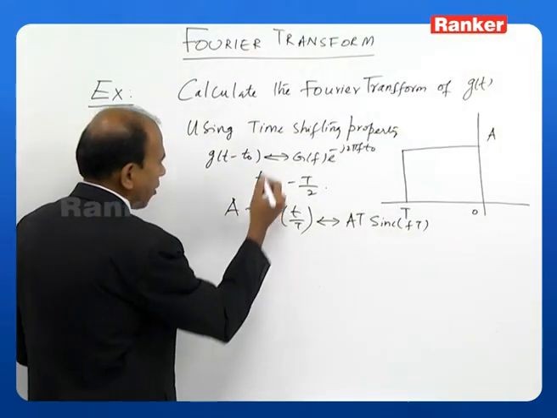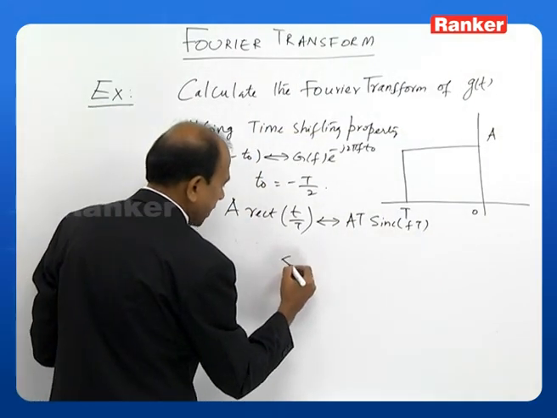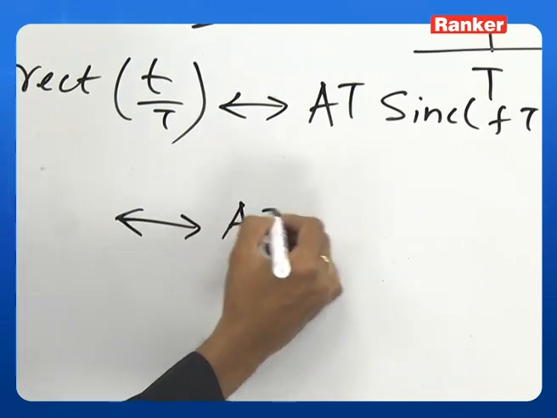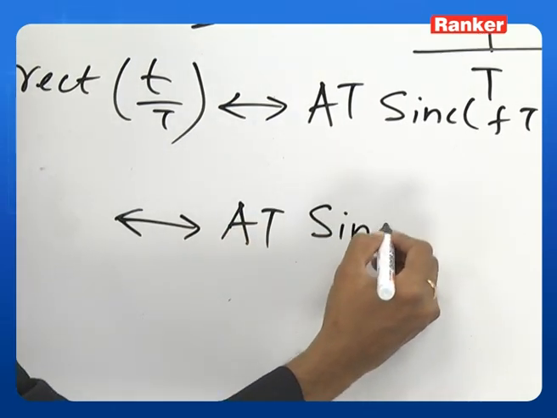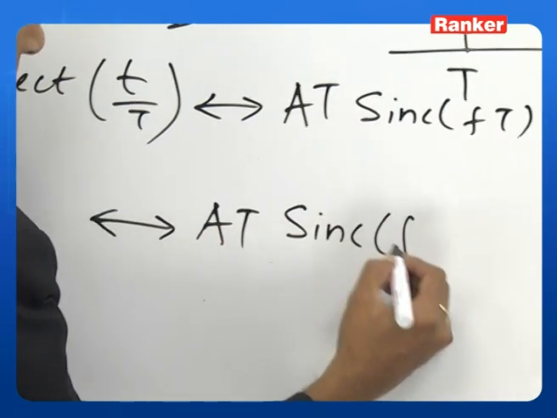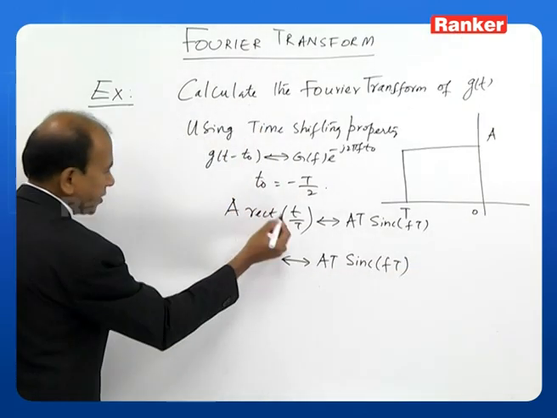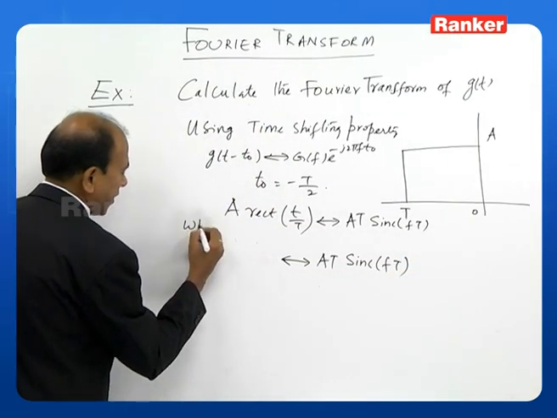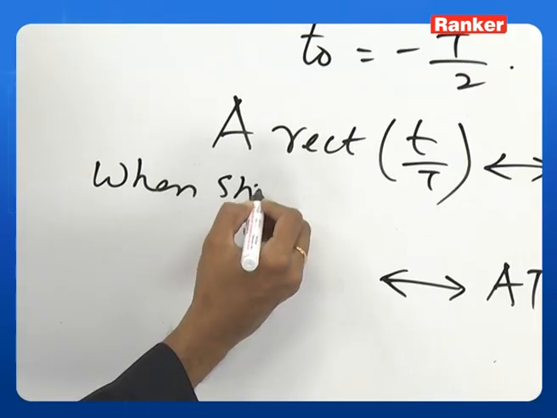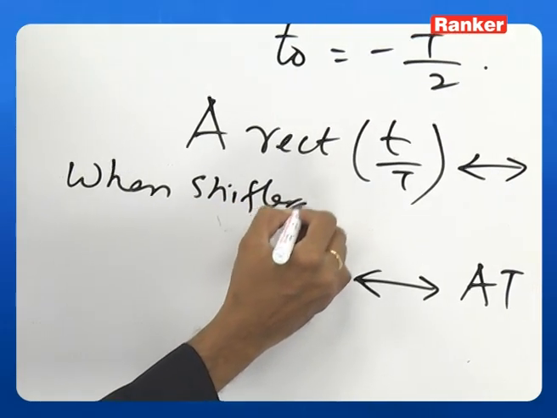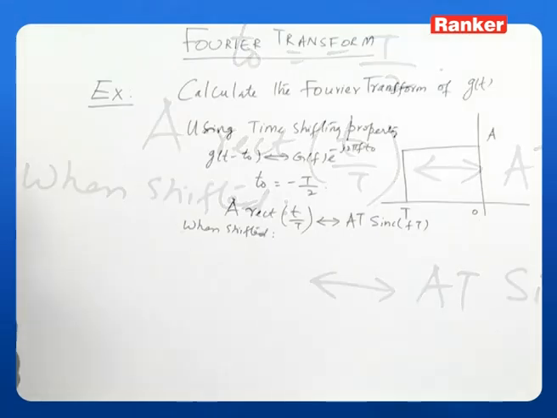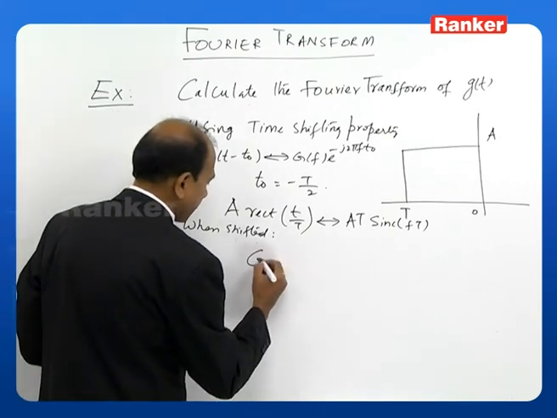Now, for us this is shifted, isn't it? So, this answer will be A T sinc(f T) when this is shifted by a factor. When shifted, what should be G of f?